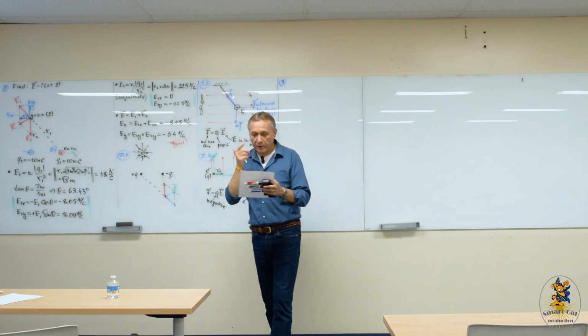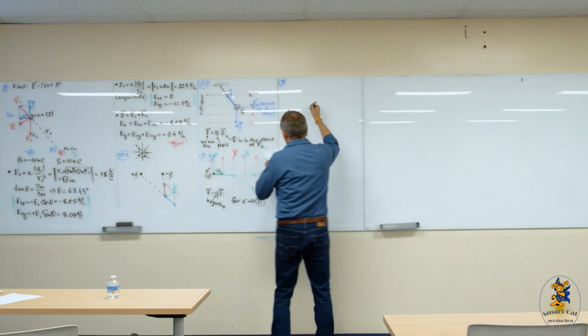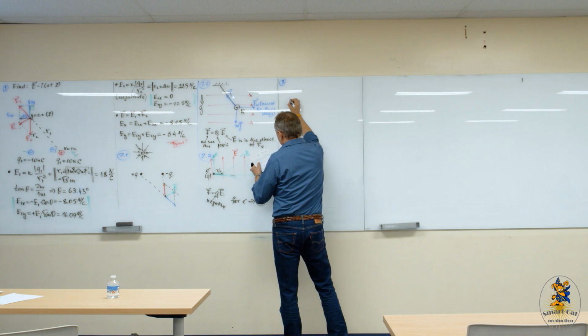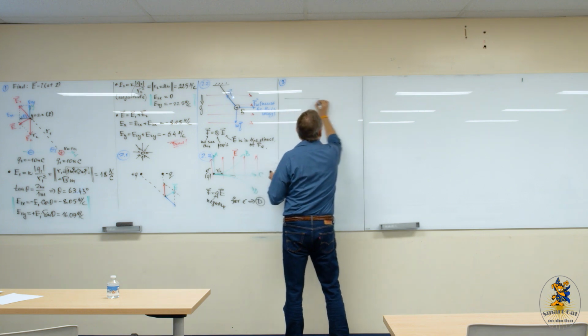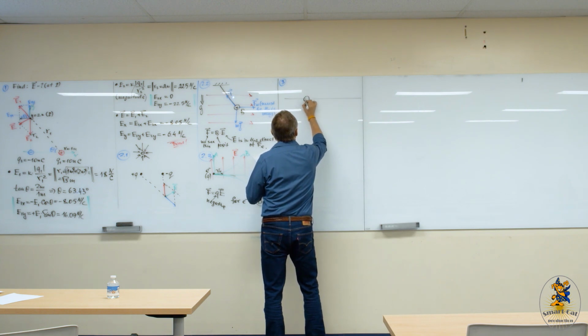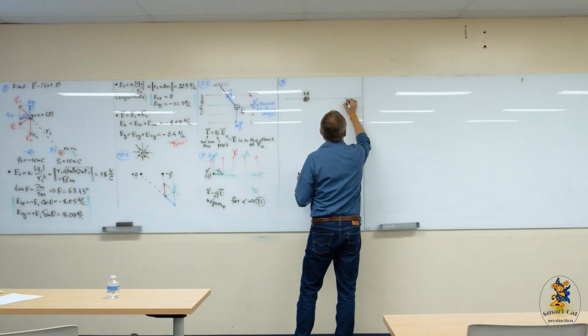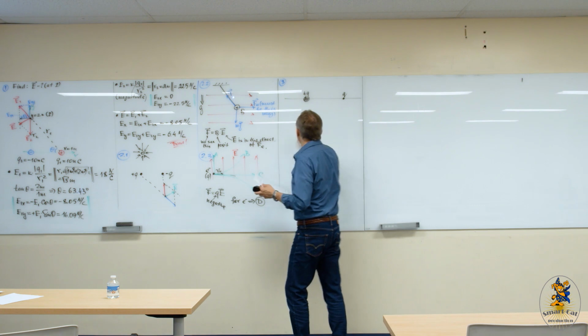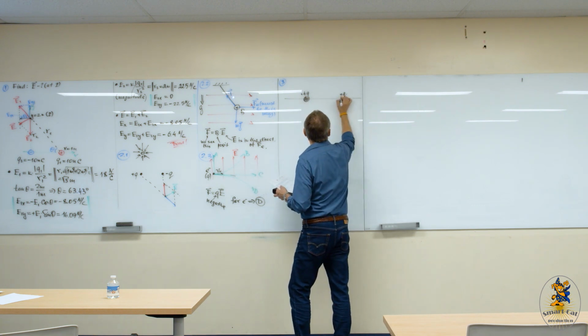So let's assume that we have two charges. Let me draw first a line. And the first charge is here. Let's say it's 4Q. Then there is a charge over here. Let's say just Q. Both of them positive.